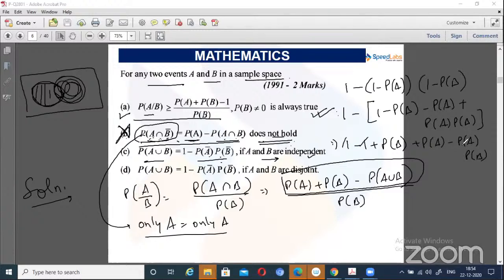If independent, P of A intersection B becomes PA into PB, so this is correct.